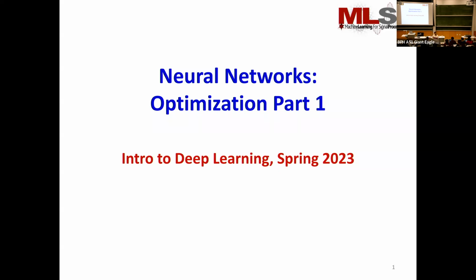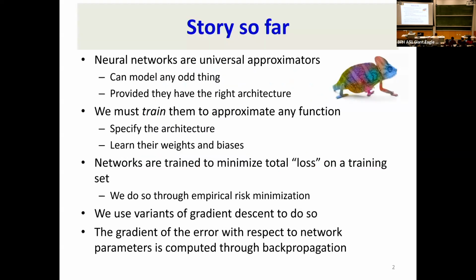So here's where we ended in the last class. Or the classes so far, we've seen that neural networks are universal approximators. They can model any Boolean function, provided they have the right architecture. But in order for them to model any specific function that we're interested in, we must train them to do so, which means we must specify their architecture, and we must learn the weights and biases such that even with the appropriate architecture, the network is actually able to model the function that you're interested in.